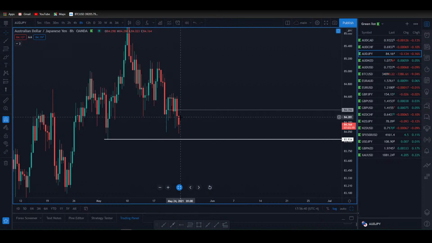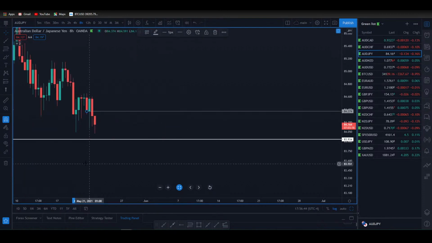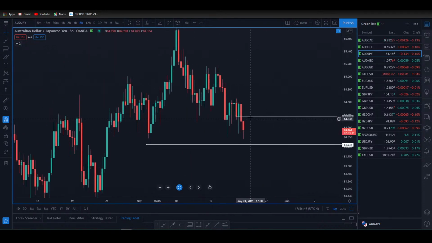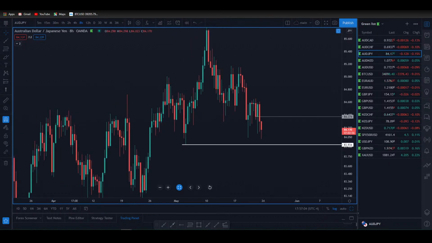We definitely want this thing to pull back into some form of resistance. You have an 8-hour resistance level right there at 84.374. That's the first spot to start looking for bearish entries. Only targeting 83.934. You should be exiting the majority of that position when you get there, if you get there.